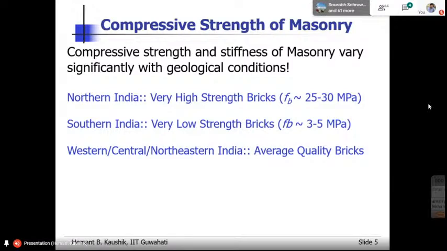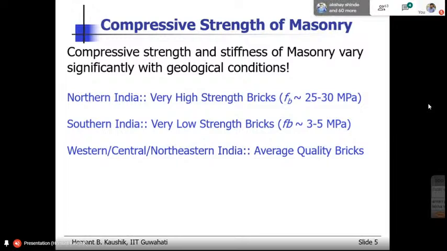It is very difficult to develop a material model for this masonry, because it is not only about the strength, but all other properties of bricks are a function of strength. So it is difficult to estimate what the failure mode of these brick masonry walls will be for different strengths of bricks, because it is not only bricks that are present in the wall, but also the mortar.